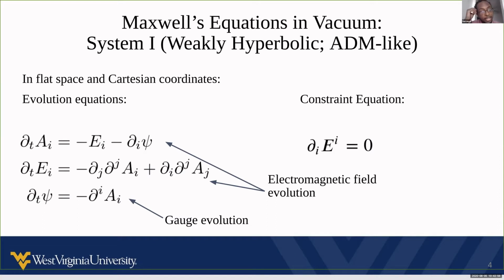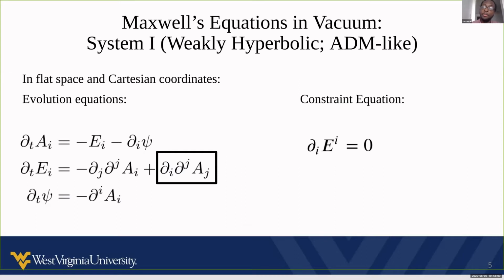But again, this system of equations is weakly hyperbolic because if you look at this term and you compare this second derivative to the derivatives that you see in the wave equation, it's a mixed second derivative, so it's not wave-like at all. And we'll see that does lead to worse behavior of the errors.